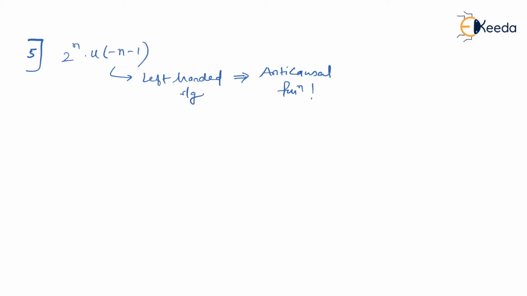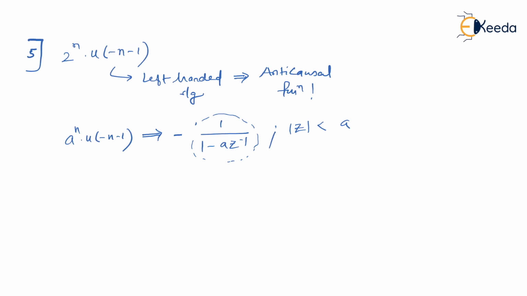In that case, we have already seen that a to the power n u of minus n minus 1 has a Z transform as minus of 1 upon 1 minus a z inverse. As you can see, it has a similar form, 1 upon 1 minus a z inverse. The only thing is the inclusion of a negative sign here. And secondly, mod of z will have a lesser relation with a. I hope you understood this.